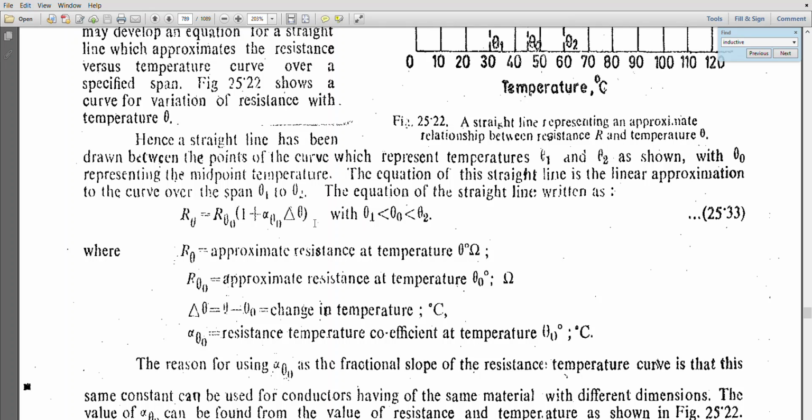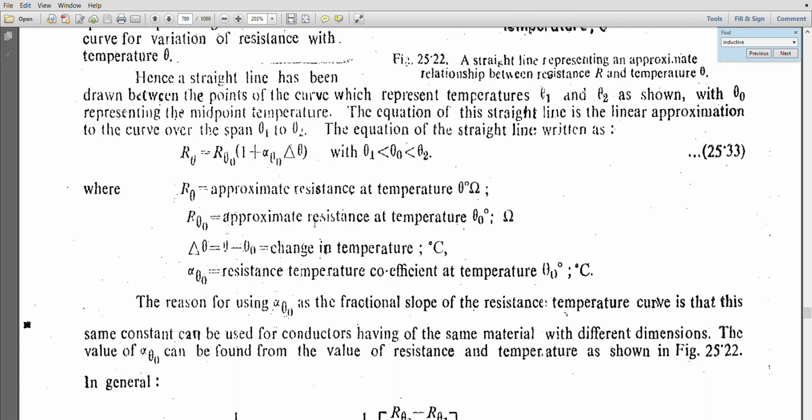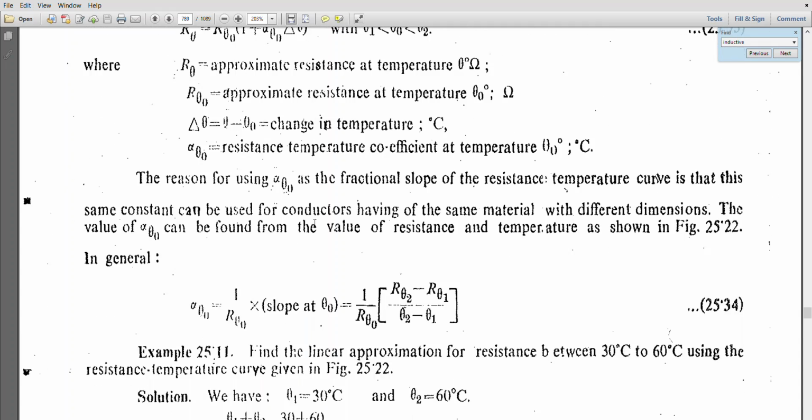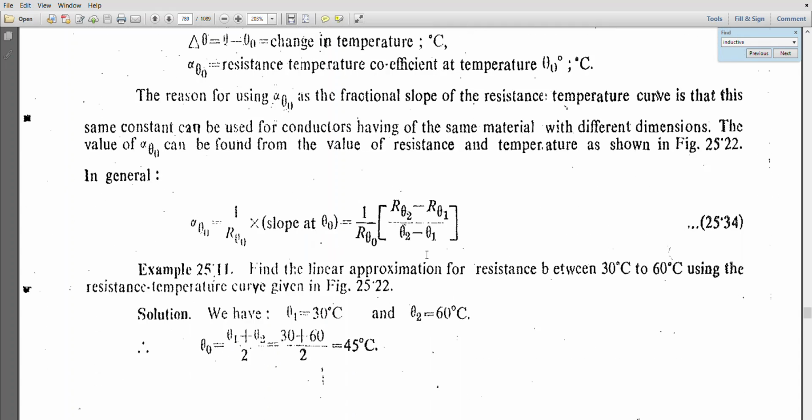Based on this you can calculate the required resistance change at the specific temperature theta.